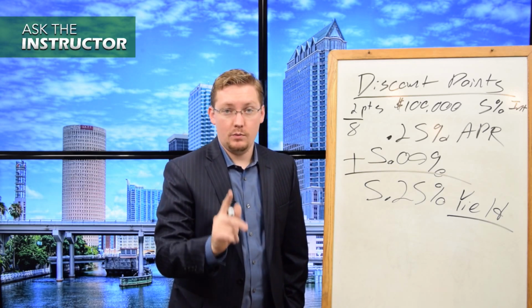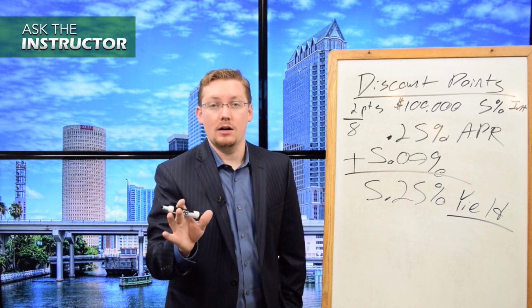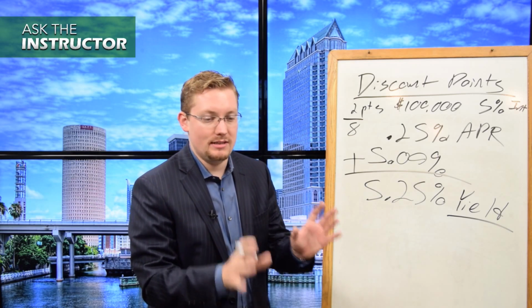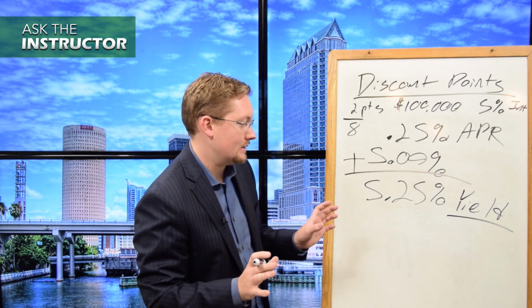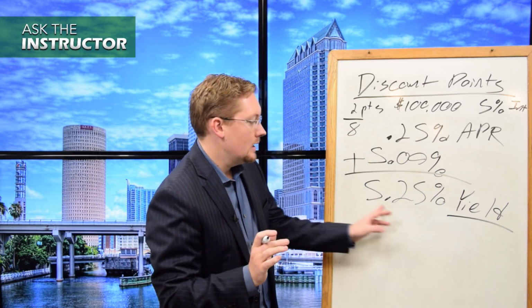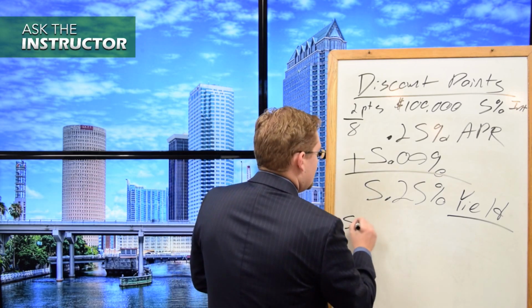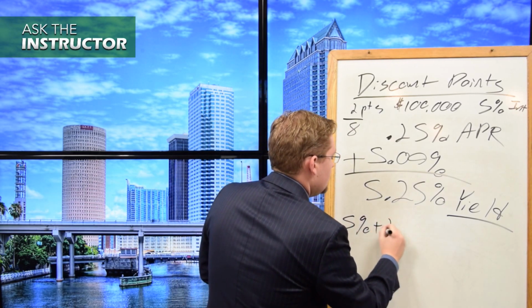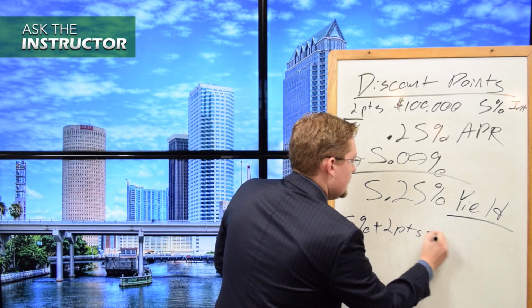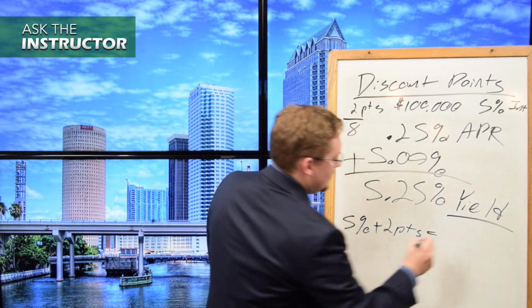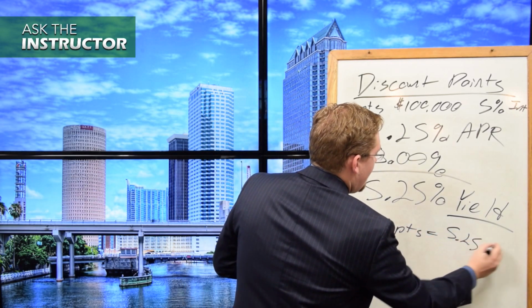So in a perfect world, it's not a perfect world, so this isn't always the case, and that's why we're going to practice with some alternate scenarios so you can kind of pick which one is correct. But in a perfect world, 5% plus 2 points is exactly equivalent to 5.25%.